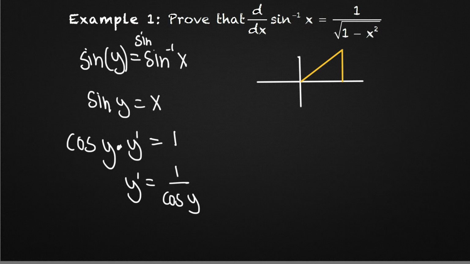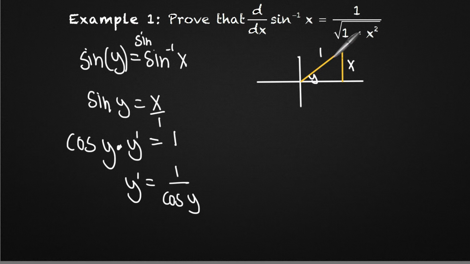And we will remember that sine of y equals x. I'm going to write this as x over 1. So sine of some angle y, I'm going to write the angle y right there, is the opposite over the hypotenuse, so x over 1.